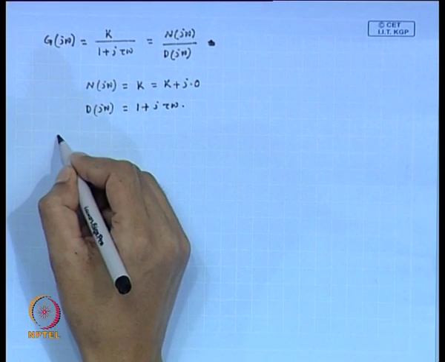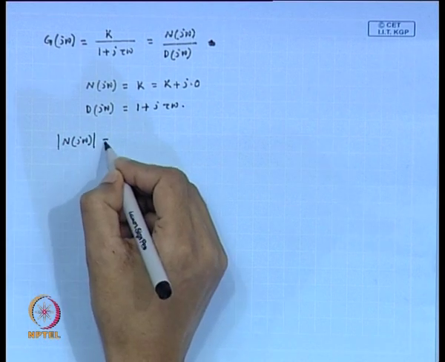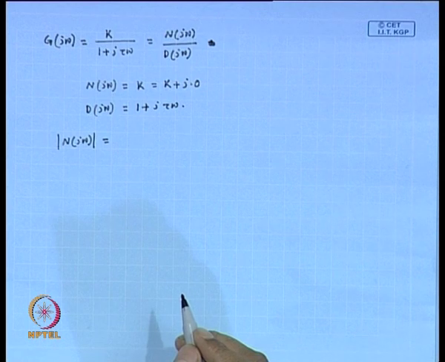Then the magnitude of N(j omega) is how much?